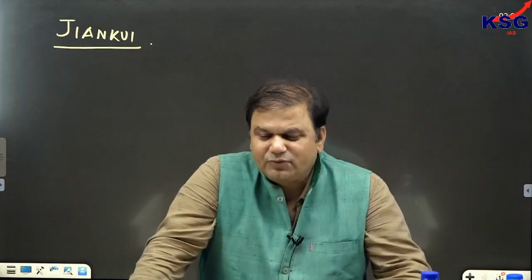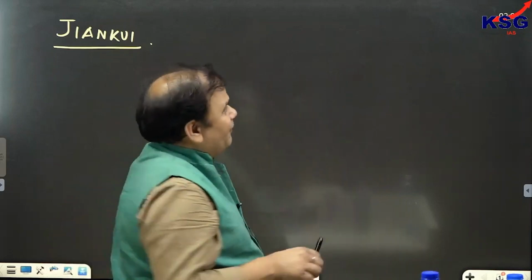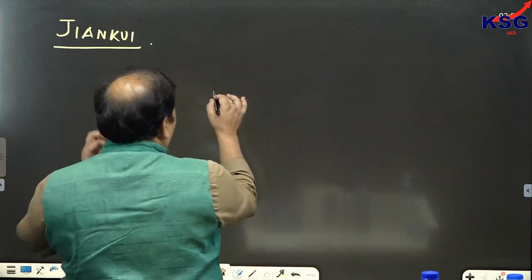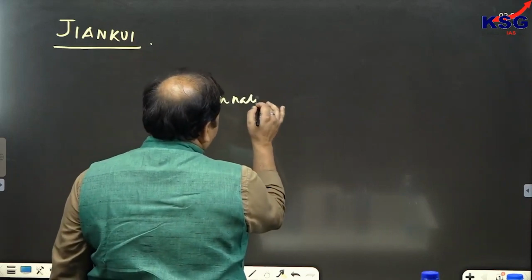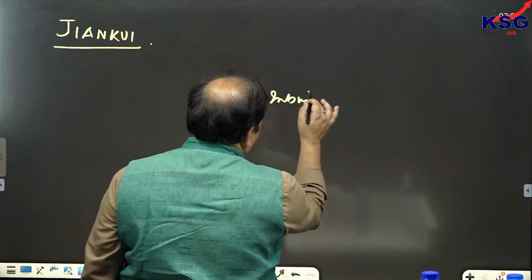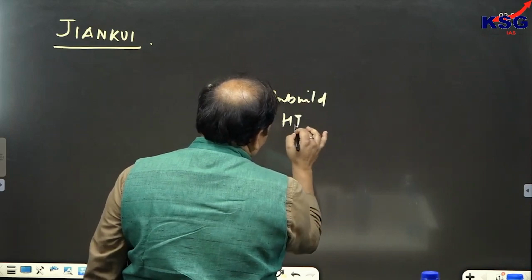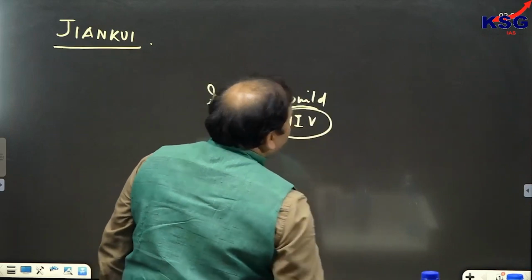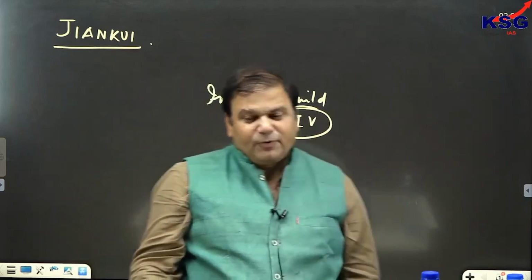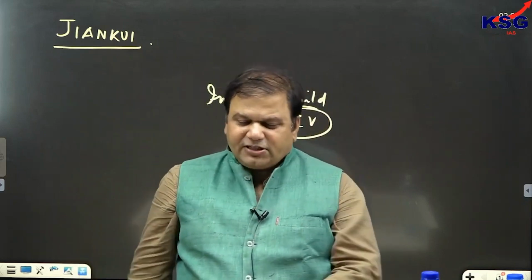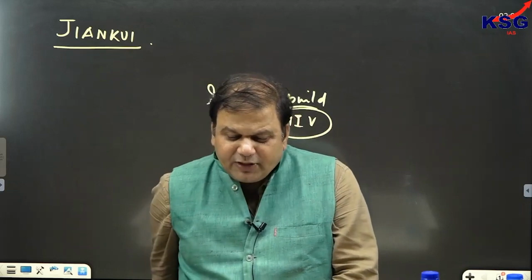Jian was responsible for developing, with the help of CRISPR-Cas9 technology, twins which show innate resistance, inbuilt resistance to HIV. But how? How was he responsible for developing this baby which shows innate resistance to HIV?